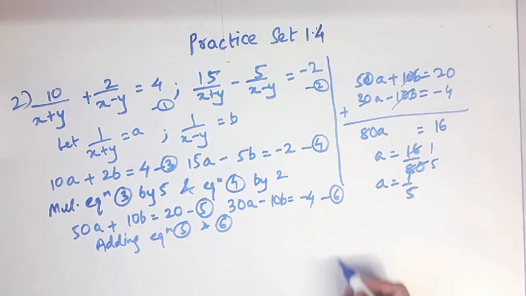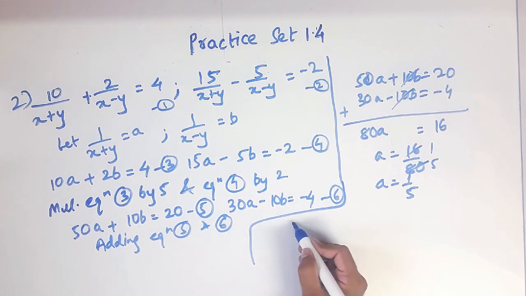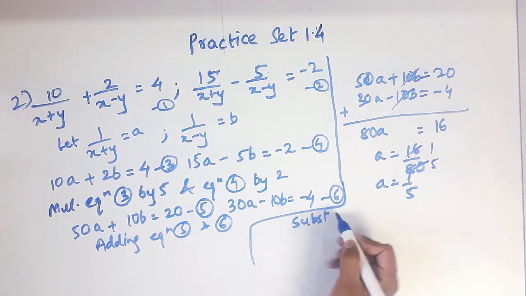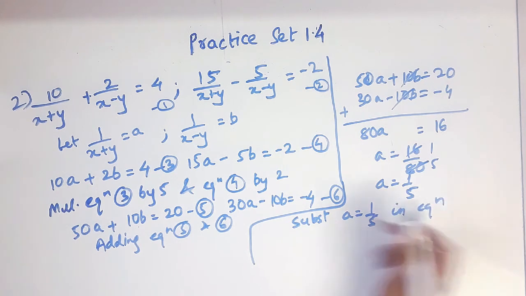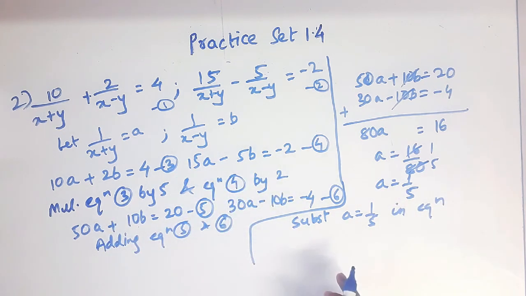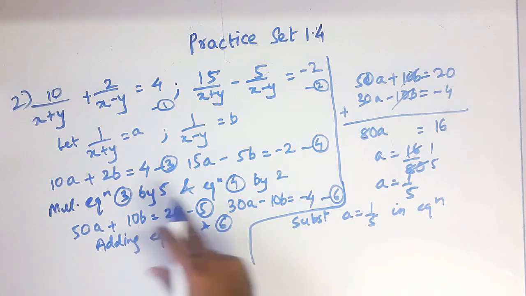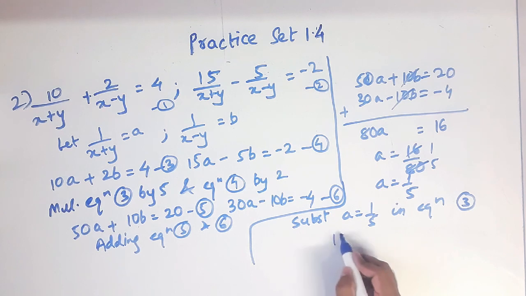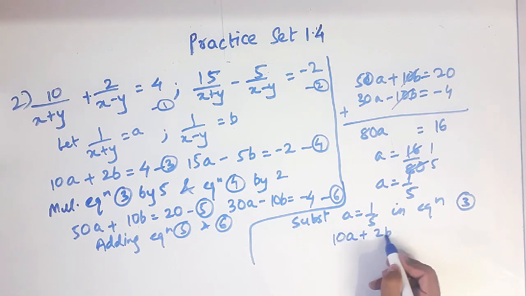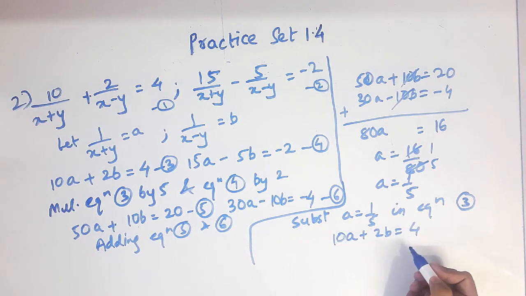Now to find the value of b, we will substitute a equals 1 upon 5 in an equation. Any equation you can take, 3, 4, 5, 6. I'll take the third one because it is smaller. 10a plus 2b equals 4.